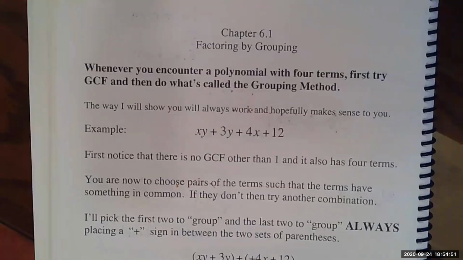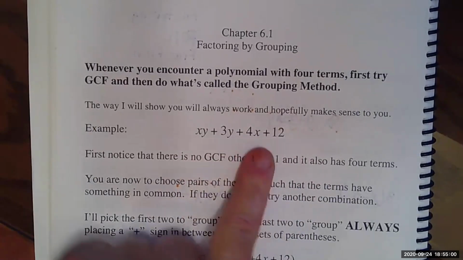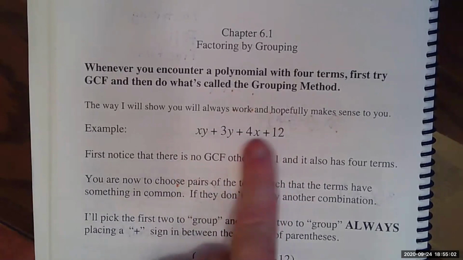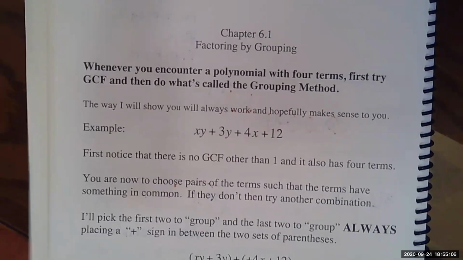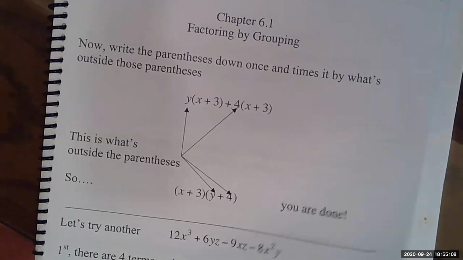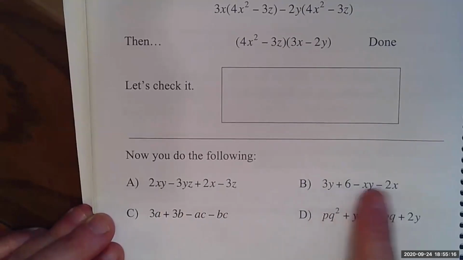Okay. All right. The next method is called grouping. So how many terms do you see here, by the way? Four. Okay, four terms. All your problems in the textbook will have four terms. Let's see, I'll show you. Four terms, four terms, four terms.